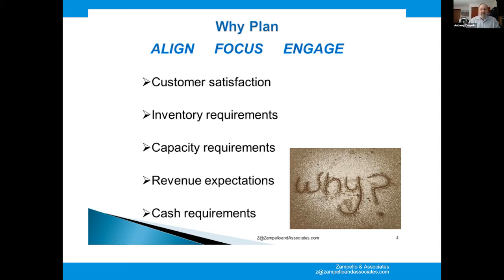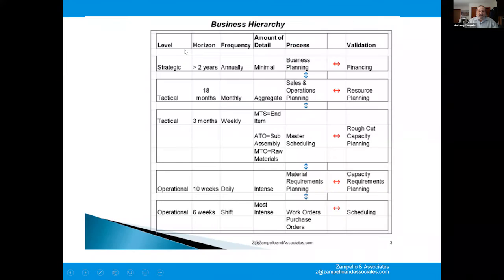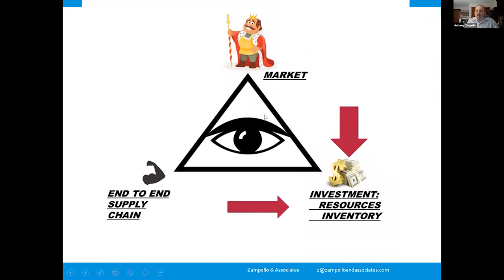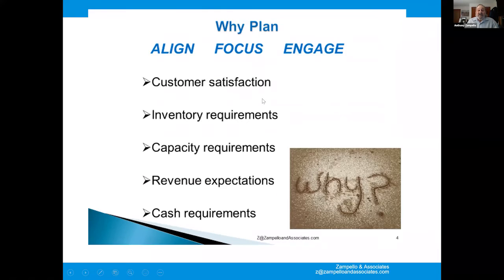Well, one of the things we're trying to do is to get our company and all our resources and all the different departments to be aligned so that they can be focused and engaged together on everything we need to do. Think all the way back to that triangle. We've got to keep everything here in balance. Now that balance is defined strategically by the leaders of your company.